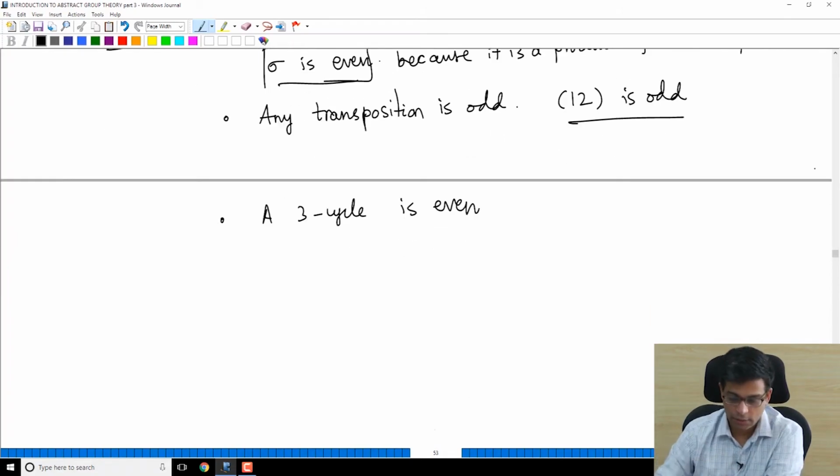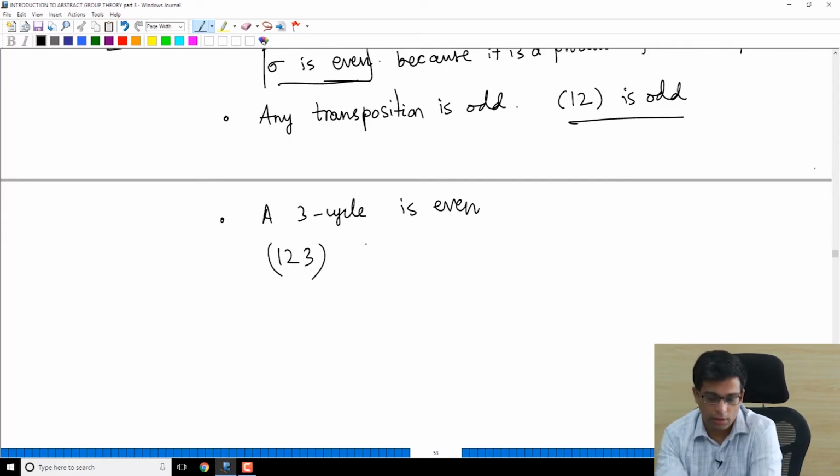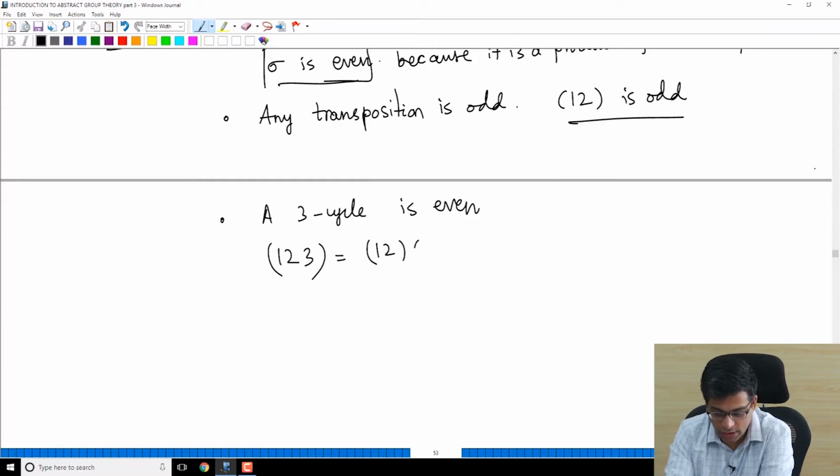Why is this? For example, if you take (1 2 3), let us write this as a product of 2 cycles, and we saw this yesterday. It is the same as (1 2)(2 3). Is this right? 2 goes to 3, 3 goes to 2, 2 goes to 1, so 3 goes to 1, and 1 goes to 2. So this implies (1 2 3) is even.